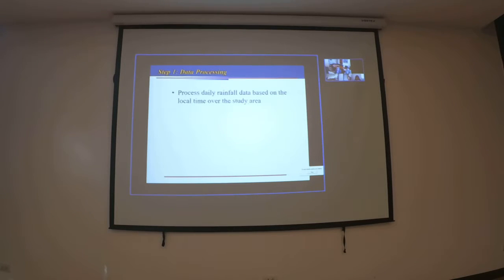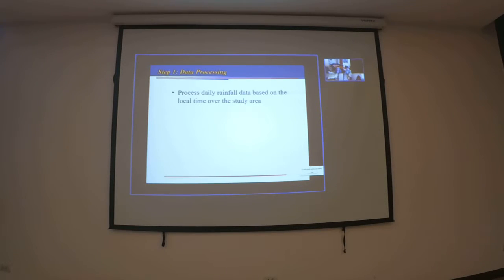So there are a couple of stages in this process. The first step is the estimation, in this case on the daily scale, so we collect the daily rainfall. One important notion here is that the daily rainfall collection has to match the daily gauge rainfall.